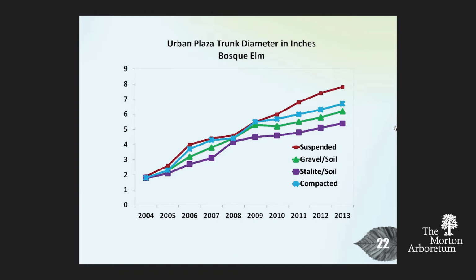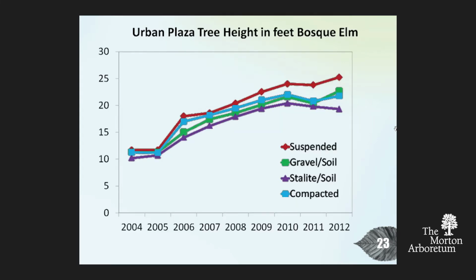The smallest one is about 5.5 inches, and the biggest one is about 8 inches. So over the course of 9 years, one put on 2.5 inches more caliper, or sorry, DBH. Here's the height. The smallest one is at about 17 feet, and the tallest is about 25 feet. So 7 feet extra in 9 years, not quite a foot a year.